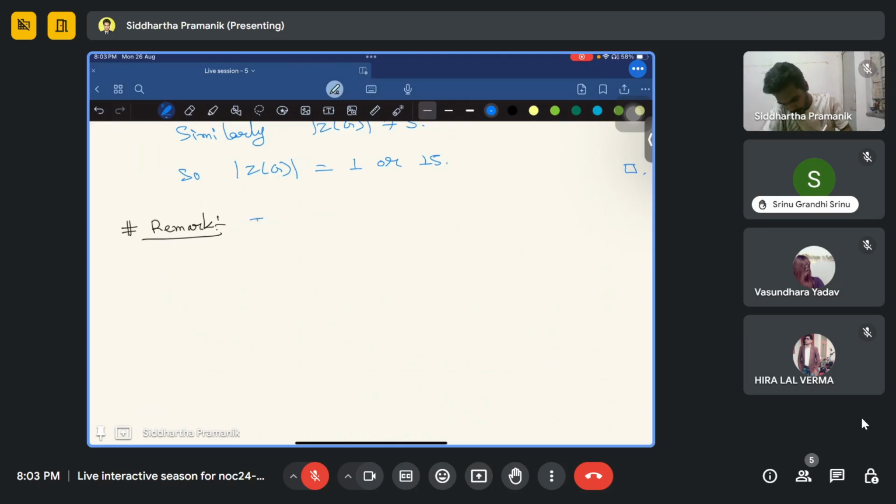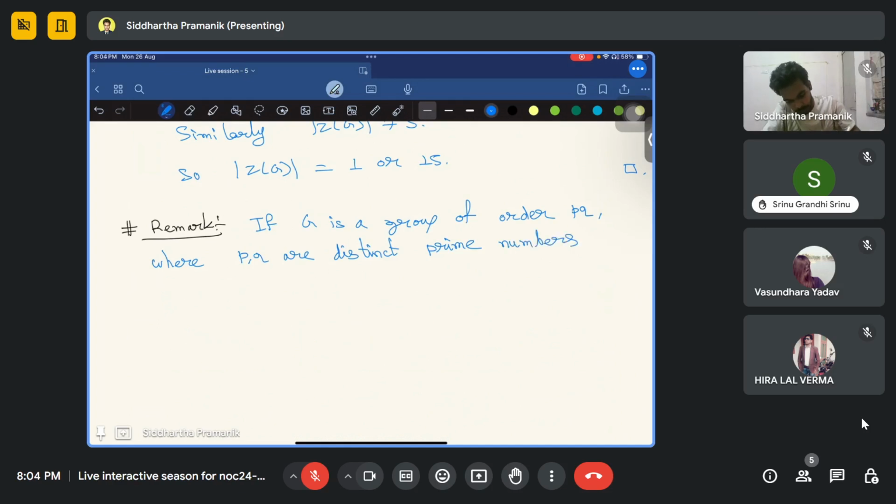If G is a group of order, let's say, PQ, where P, Q are distinct prime numbers, then the order of ZG is either 1 or PQ.